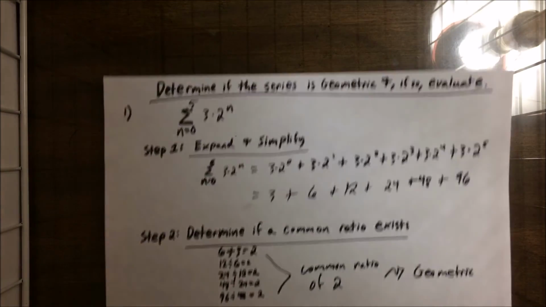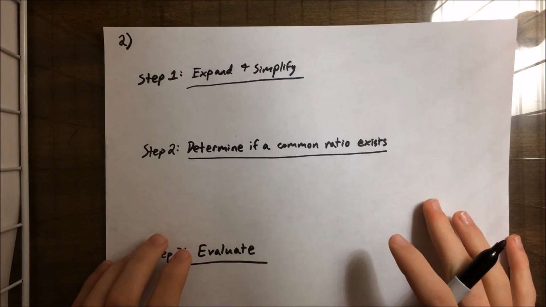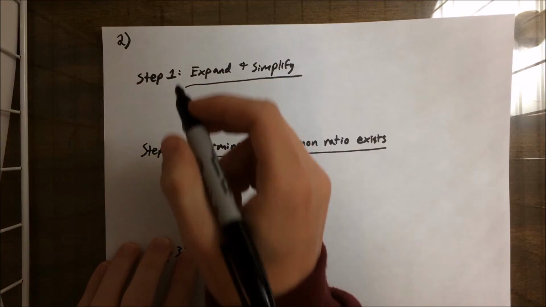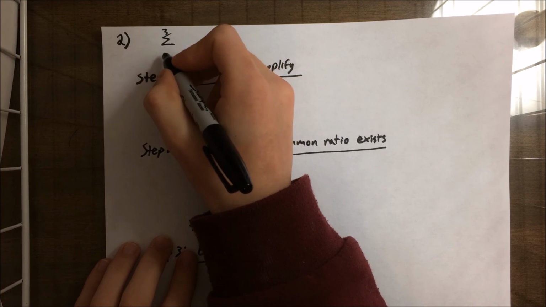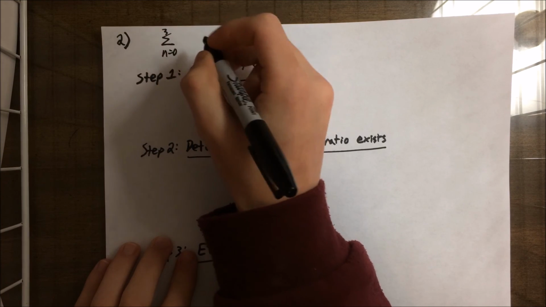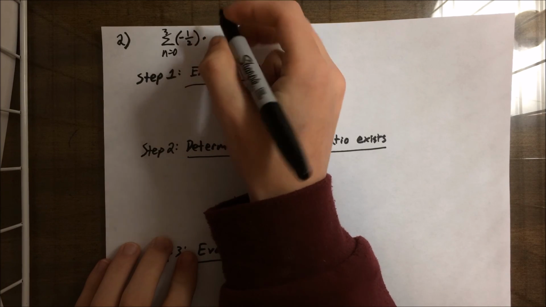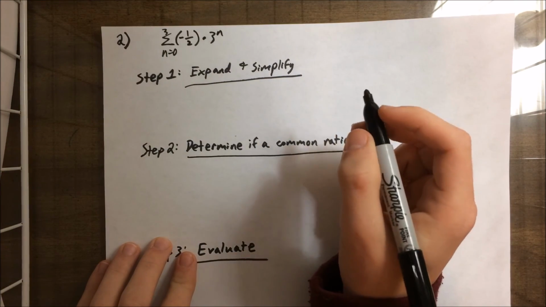Okay, so let's look at another example. In this example, again, we're going to determine if the series is geometric, and if so, evaluate. So this series is going to be a summation from n equals 0 to 3 of -1/2 times 3 to the n. So step 1 is to expand and simplify.